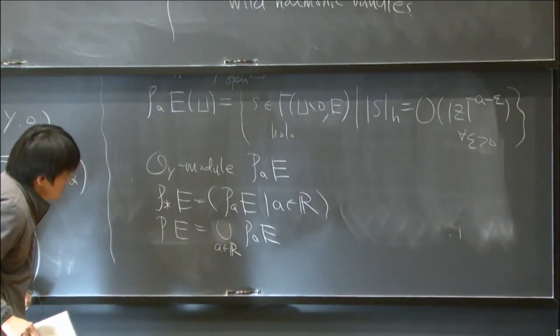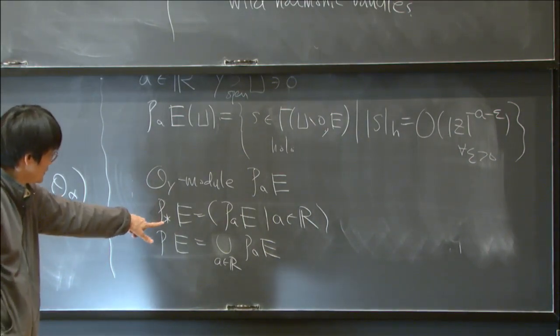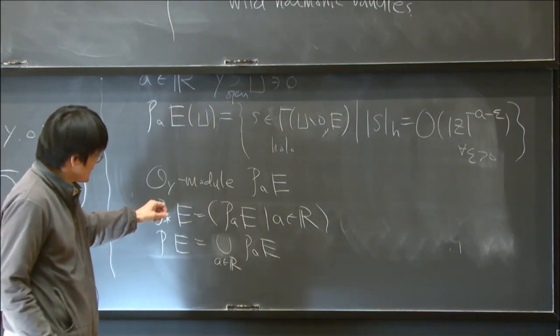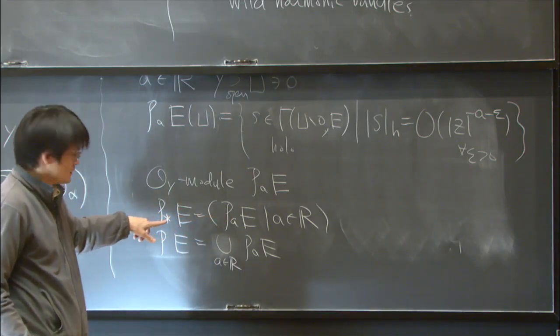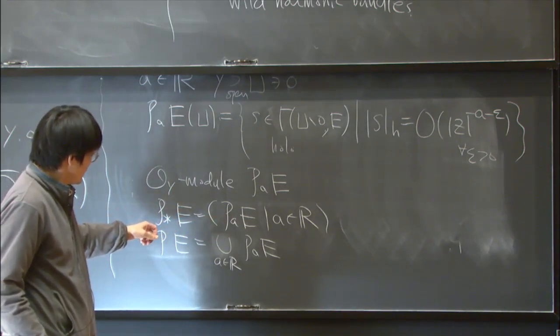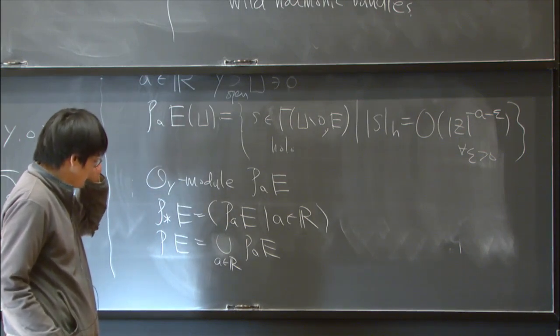Sorry, could you repeat? I think you wrote P lower star E. This means just the tuple of the P_aE, a huge tuple of lots of those.